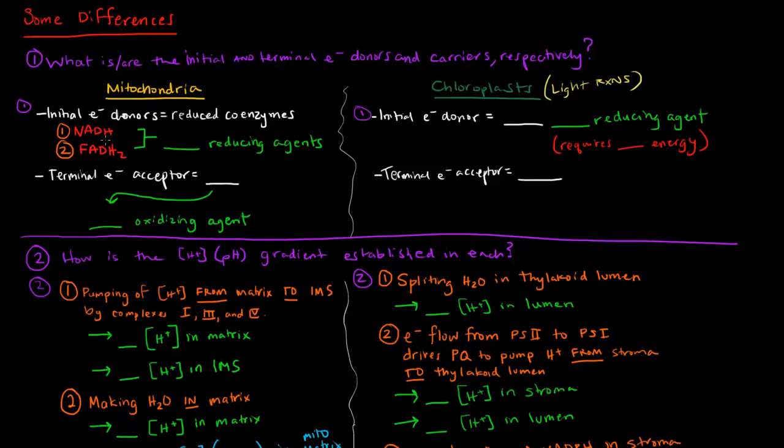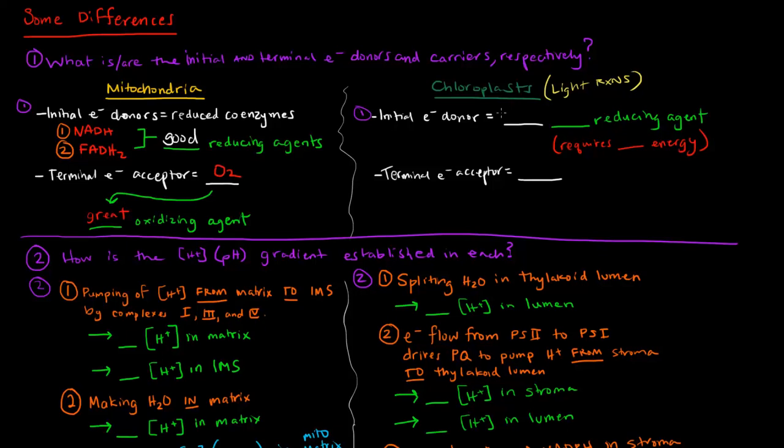Now, these two are willing to give up their electrons, so they are good reducing agents. And the terminal electron acceptor is, of course, oxygen. Oxygen oxidizes things, so it's actually a pretty great oxidizing agent.